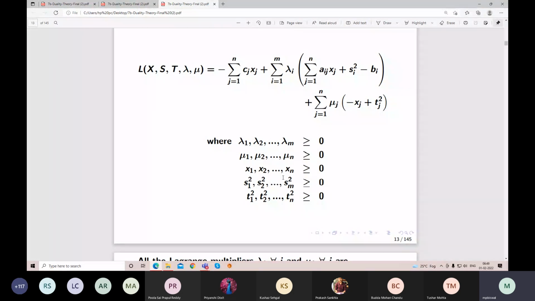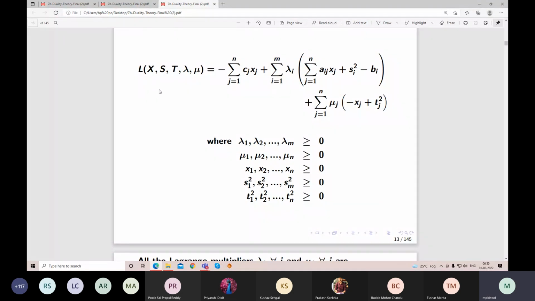Then x is n in number, s is m in number, t is n in number. So if you count, n plus n plus n is 3n, m plus m is 2m, so 2m plus 3n. These many variables we will deal with. We will take care of all the variables.